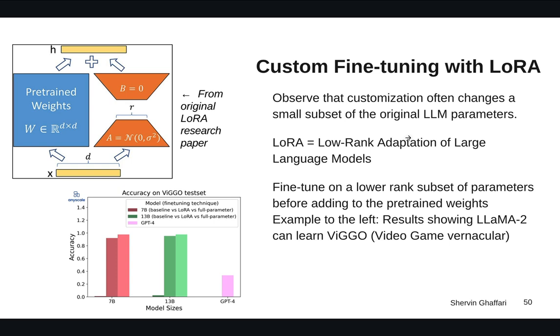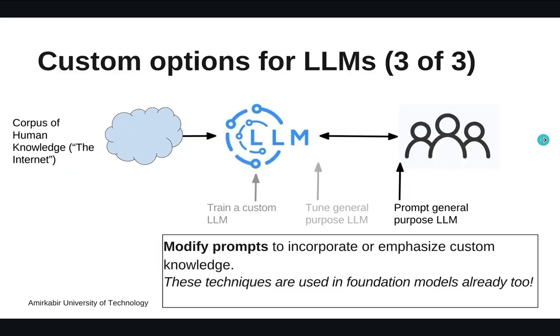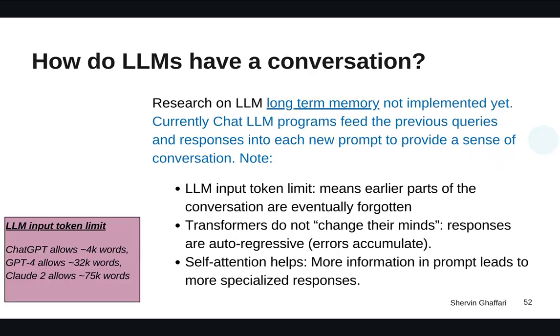So you don't need to update all the model's parameters. There are a small number of them, but it can lead to better results without needing to update all the model parameters, which is really time consuming. And finally, you can modify your prompts using different prompt engineering techniques as we described before.